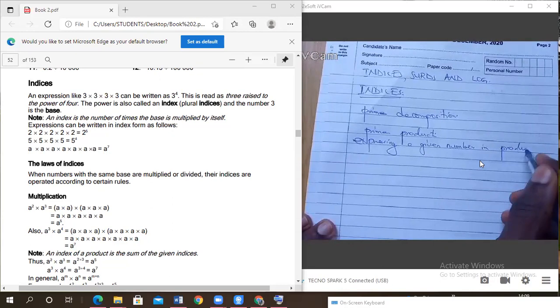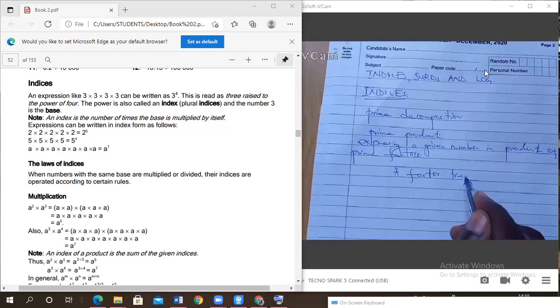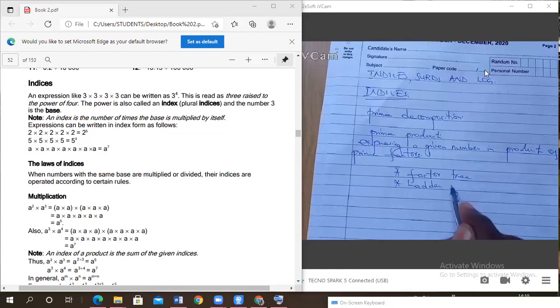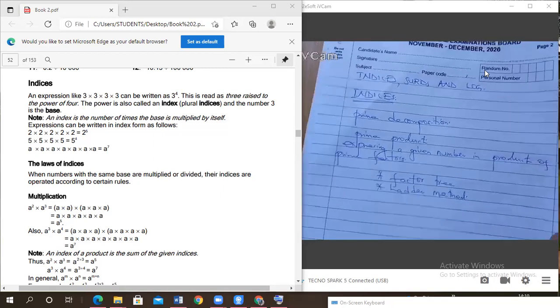So we have various methods that we use. We use the factor tree, I believe you remember that. Then the ladder method. The factor tree and then the ladder method. That's what we looked at sometime back.